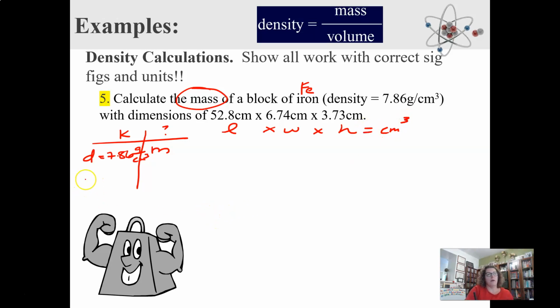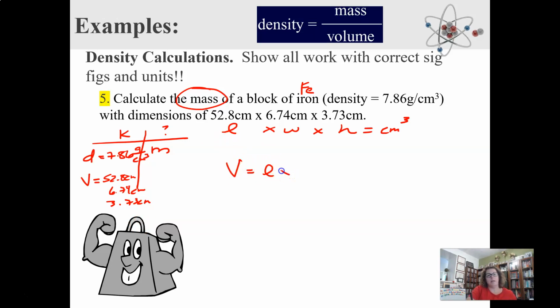So my volume, I'm going to tell AP what I'm doing. I'm just going to list those 3 values, 5.28 centimeters, 6.74, and 3.73. First thing is, I can't solve for mass yet because I don't even know the volume. So I need to solve for that first.